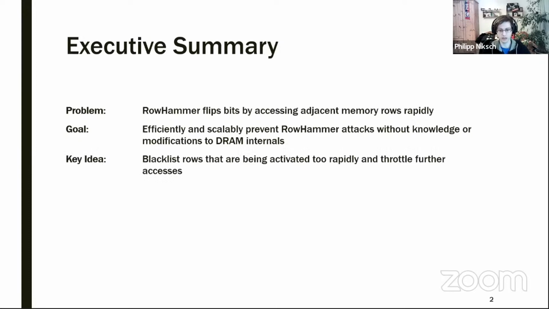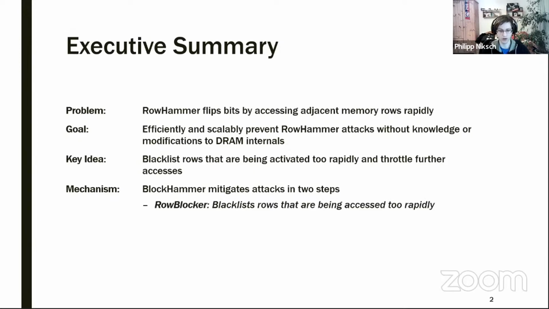The key idea is to keep track of row activations to blacklist rows that are being accessed too rapidly. The mechanism provided is called BlockHammer, and it mitigates the RowHammer attack in two components. First, RowBlocker blacklists memory rows that are being accessed too rapidly.